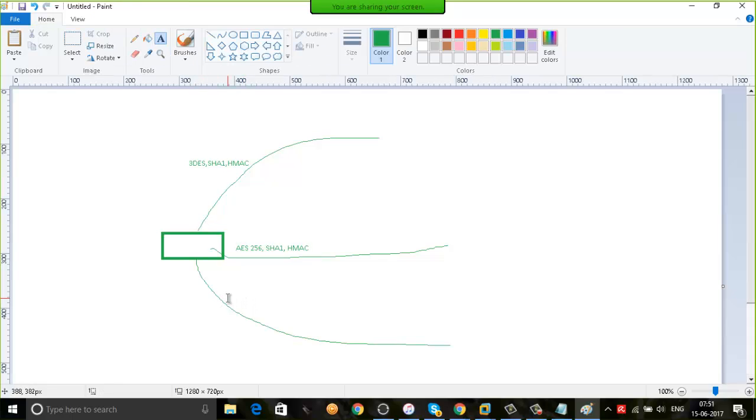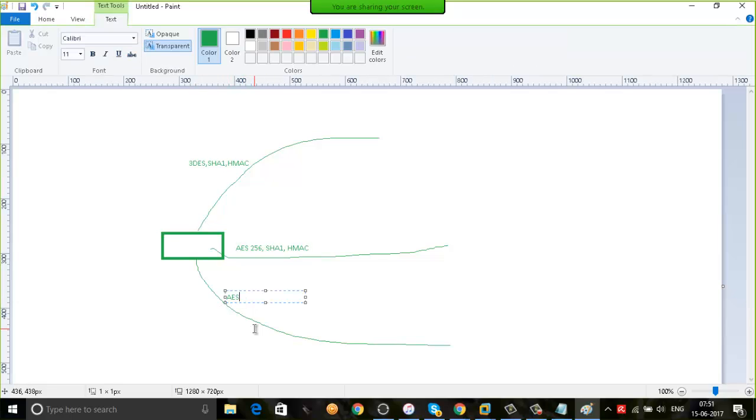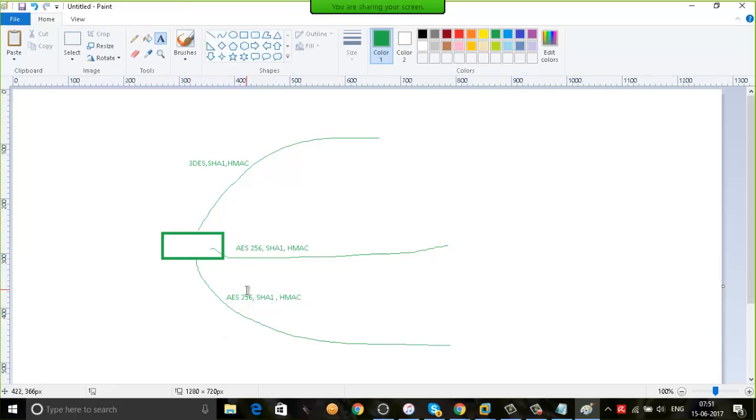Even though I use the same parameters on multiple tunnels, I told you in what way they differ: their key is going to be unique. So AES and AES, even though I'm using the same parameters for two tunnels, they will be using a different key for encrypting the data.